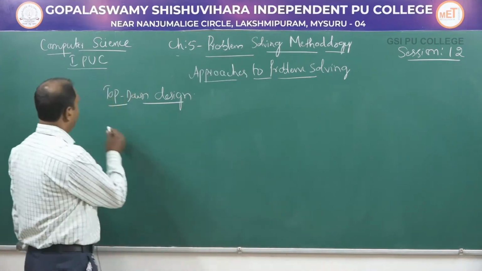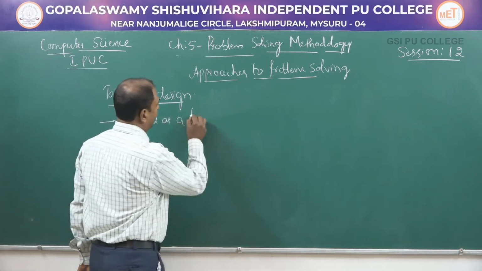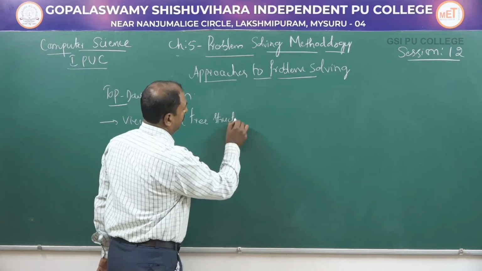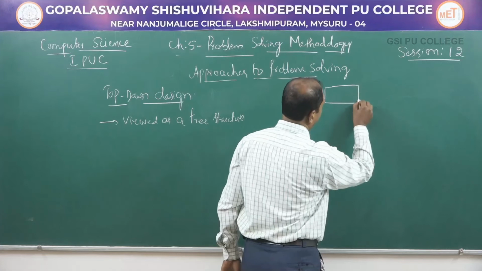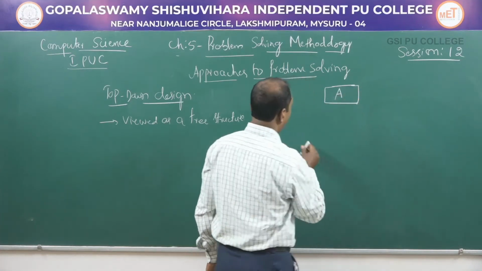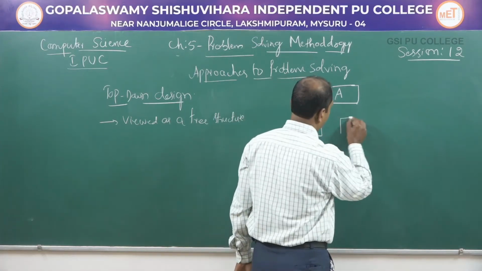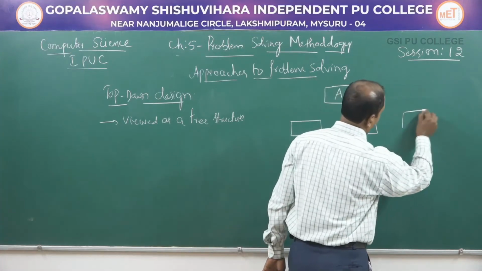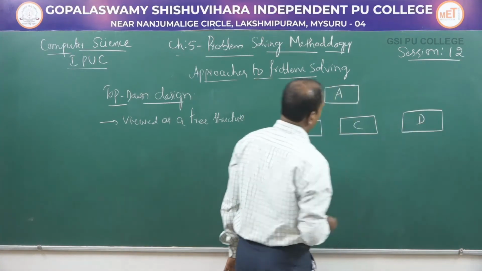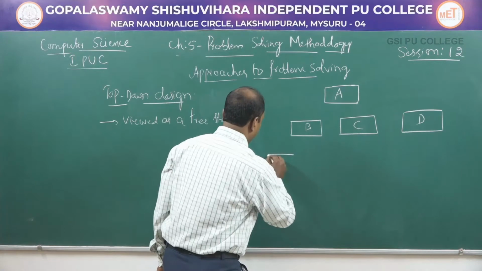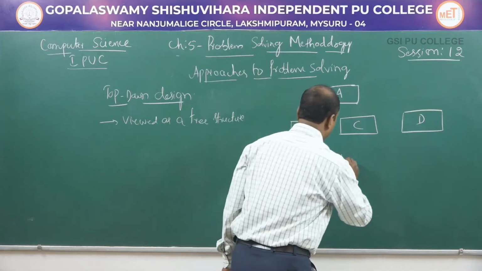This top down design can be viewed as a tree structure. For example, this is a main program A, which will be divided into sub programs B, C, D. Again B will be subdivided into two sub programs or sub problems.